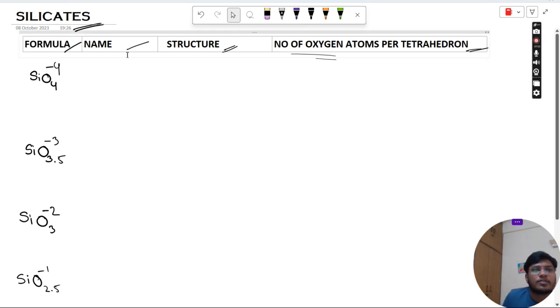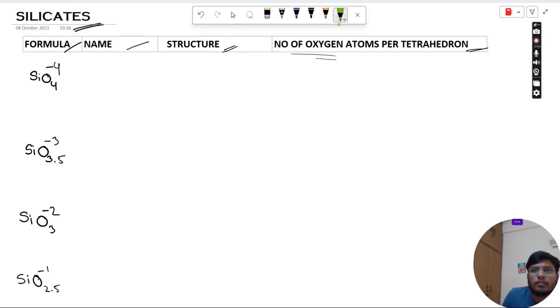And when it comes to the naming system, I'll tell you a small trick regarding this. The trick is OPC 2D 3D. By remembering these 5 letters, we can give the names. SiO4 -4 is O, that is orthosilicate.